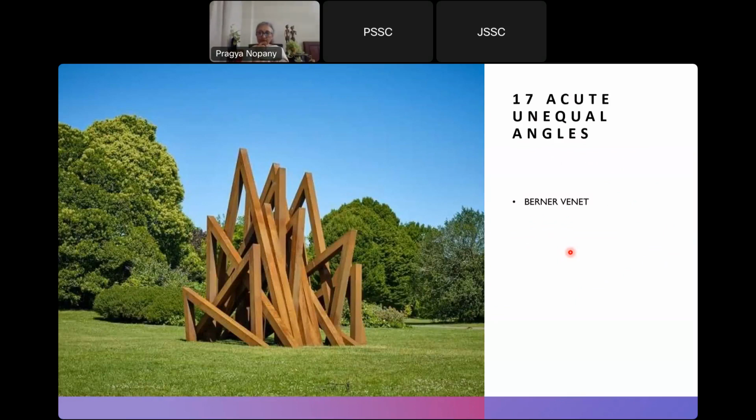This is a huge artwork which has 17 acute unequal angles. And of course, the angles are all made by straight lines, but all these are different angles. We may not ask the children to make such a huge depiction, but we can ask them to make it on a small scale and put it as a decoration piece in the classroom.